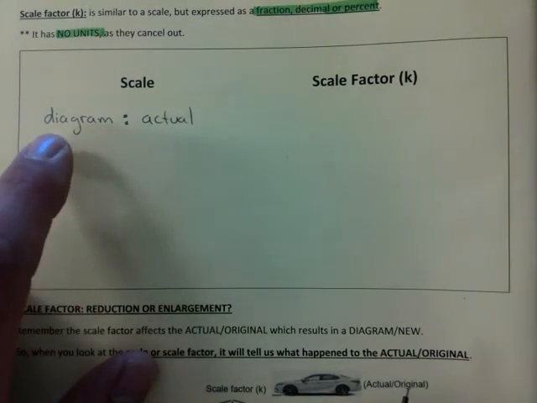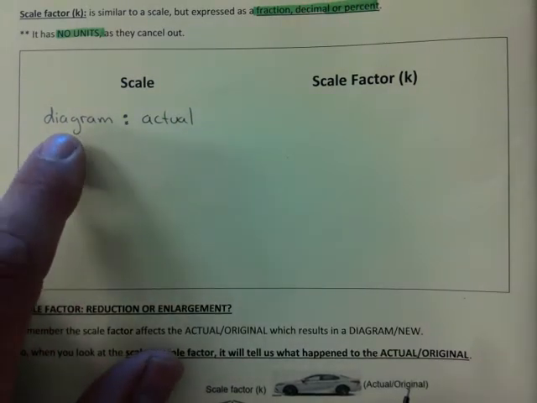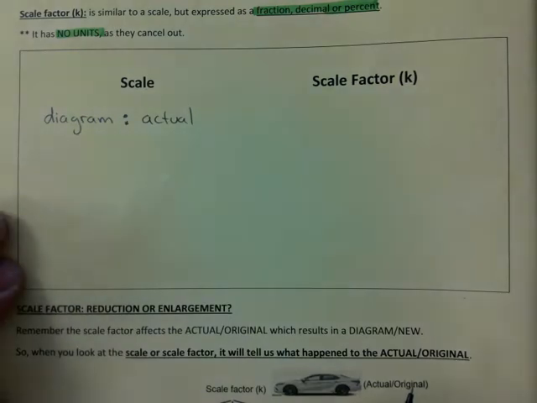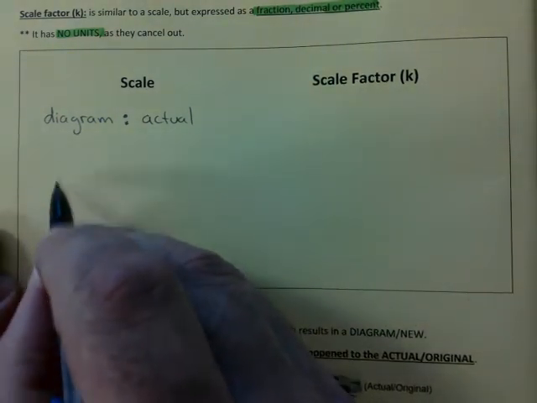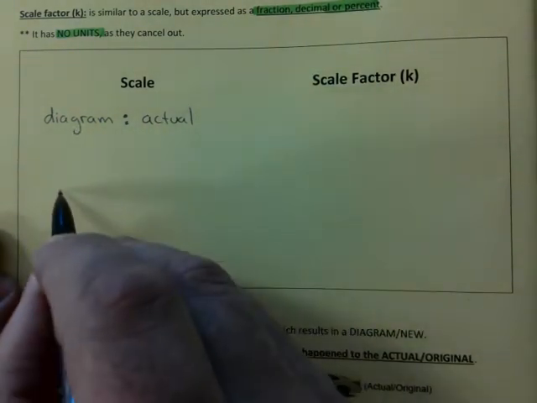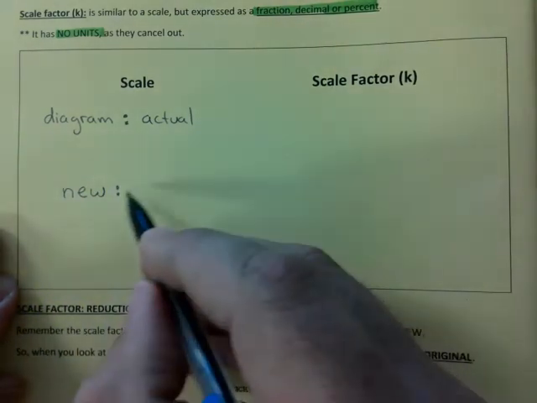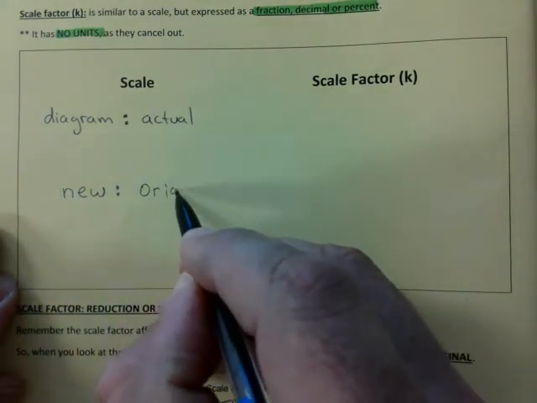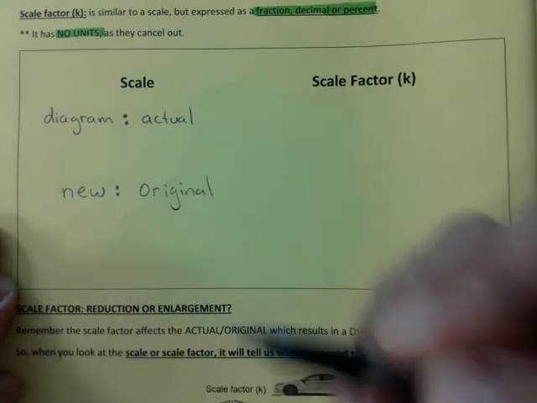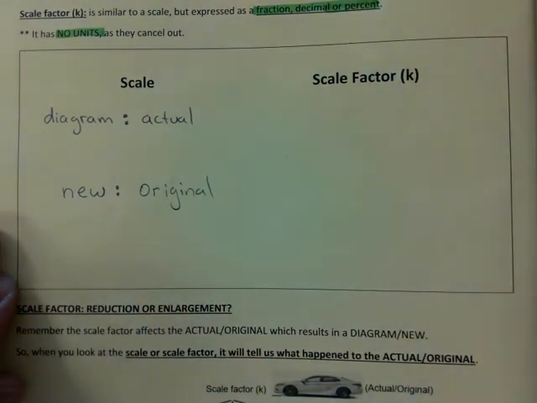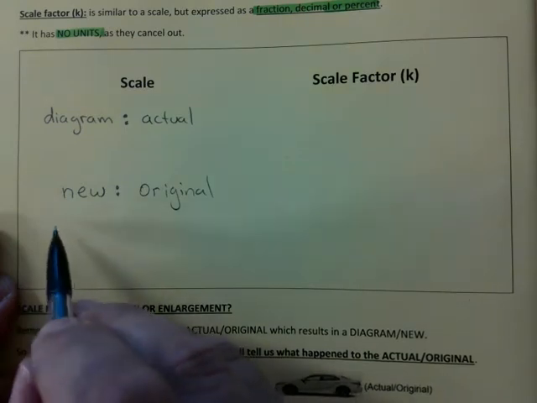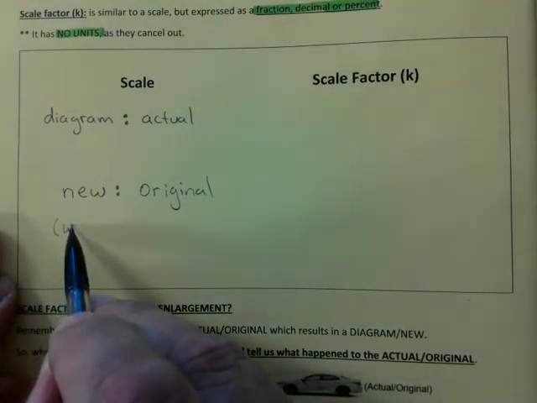Okay, so sometimes we'll refer to the diagram and actual, and then at other times we will, instead of using diagram actual, we'll use new and original. Okay, so new and original is when making copies.